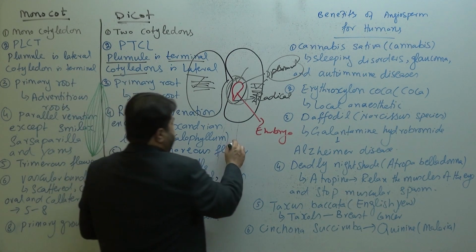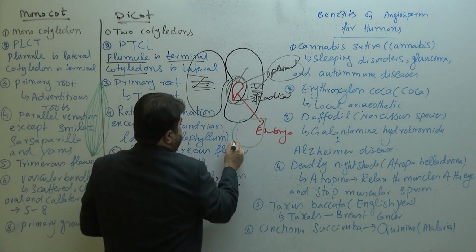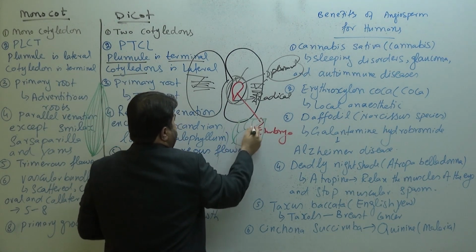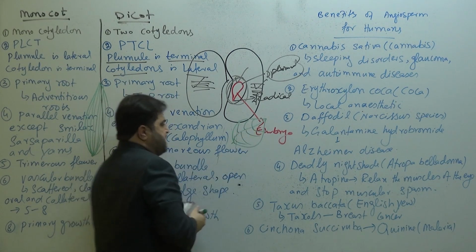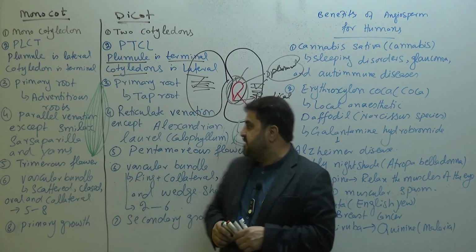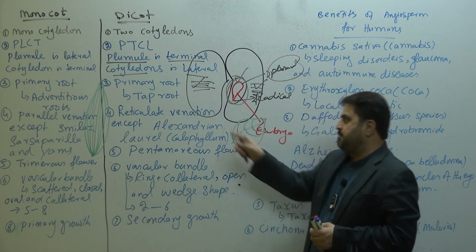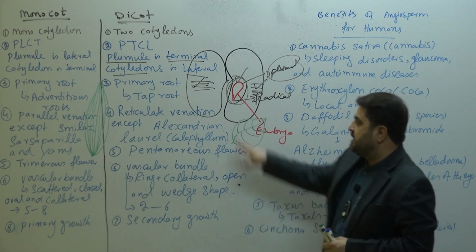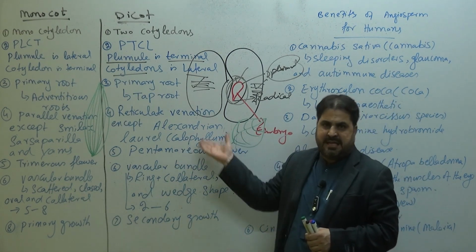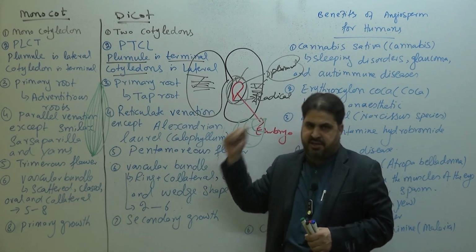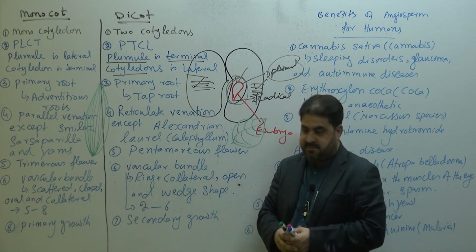Reticulate venation is the venation present in dicot. But except Calophyllum, which is a dicot but shows parallel venation. Exceptional cases may occur.